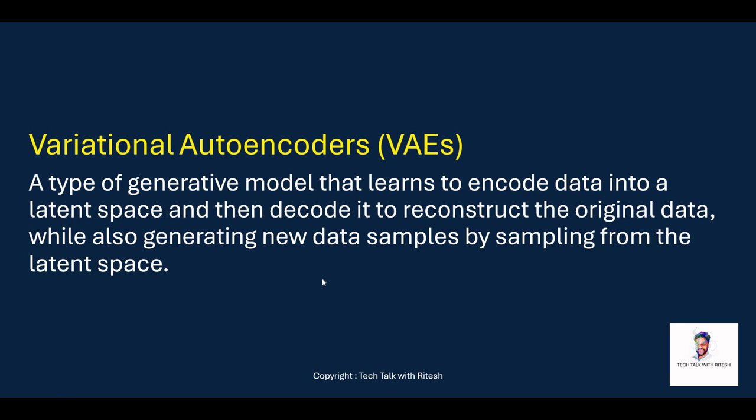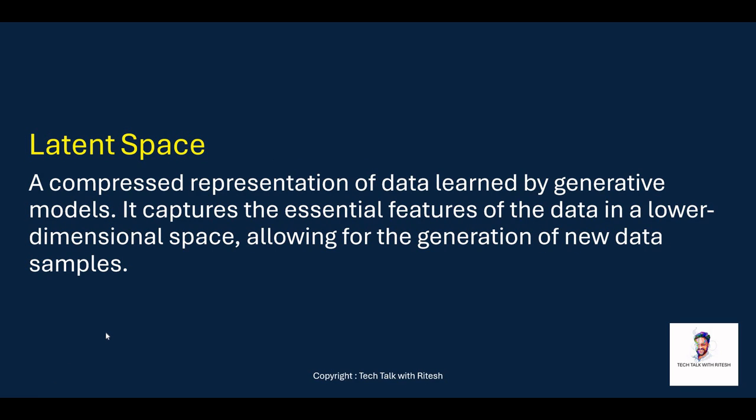Then we have VAEs, Variational Autoencoders: a type of generative model that learns to encode data into a latent space and then decode it to reconstruct the original data, while also generating new data samples by sampling from the latent space. Then we have latent space: a compressed representation of data learned by generative models.